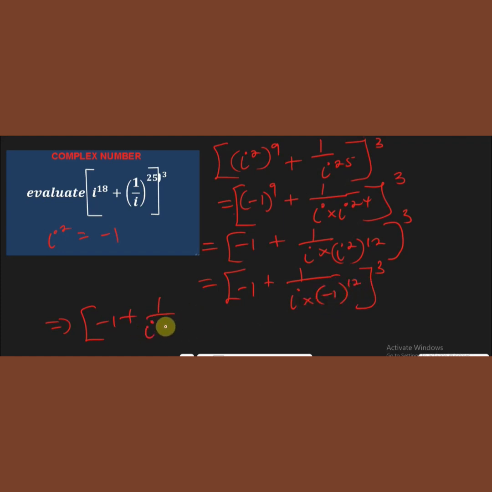That is supposed to give me plus 1, because 12 is an even number, all raised to the power of 3. If you multiply minus 1 by itself 12 times, that's going to give plus 1. So this is equal to minus 1 plus 1 divided by i times 1, which is going to give me i. So I have i here, all raised to the power of 3.